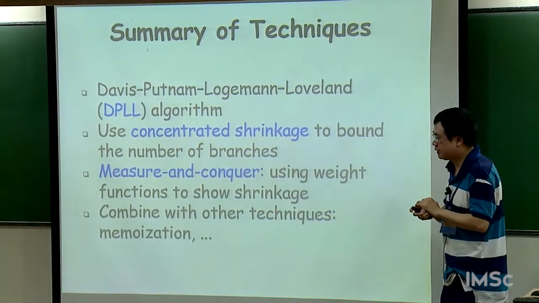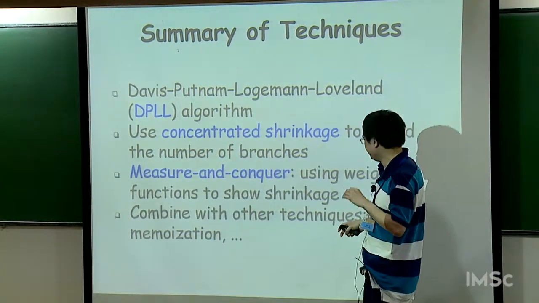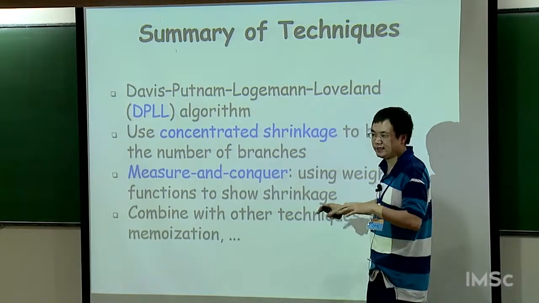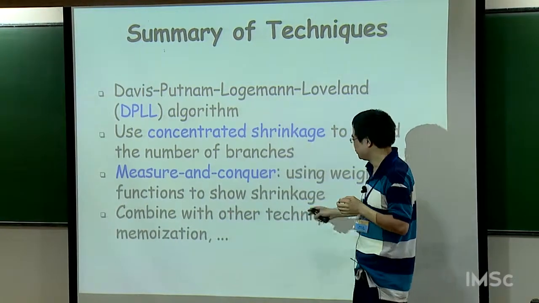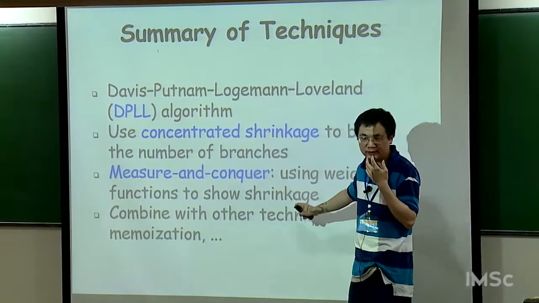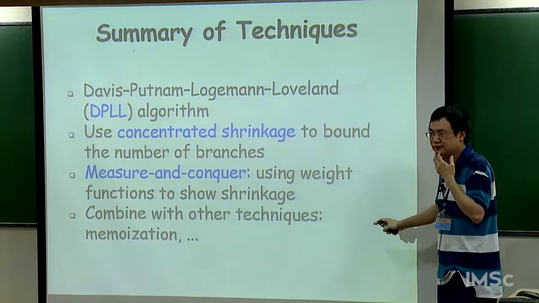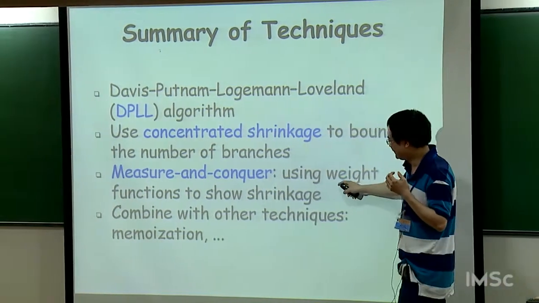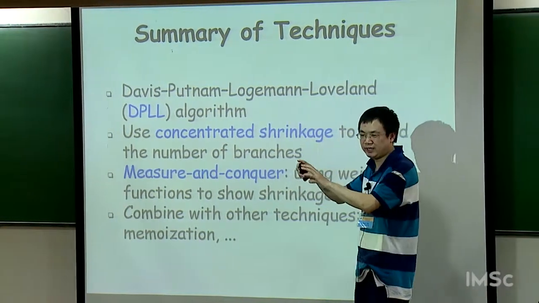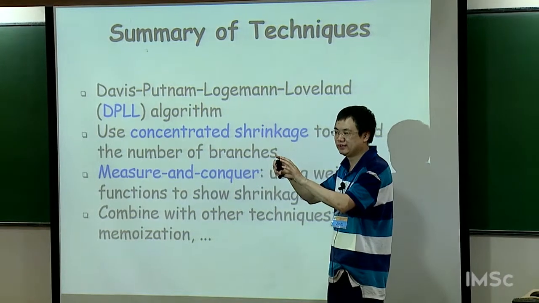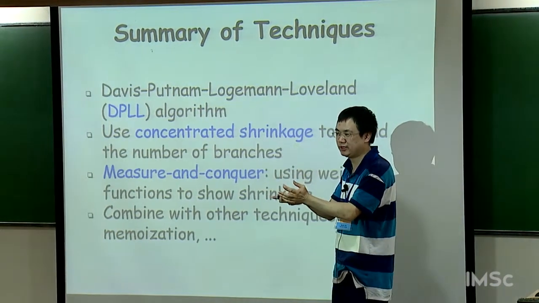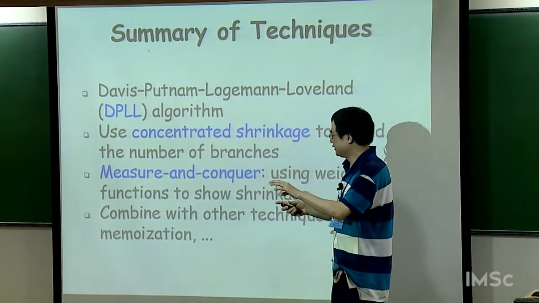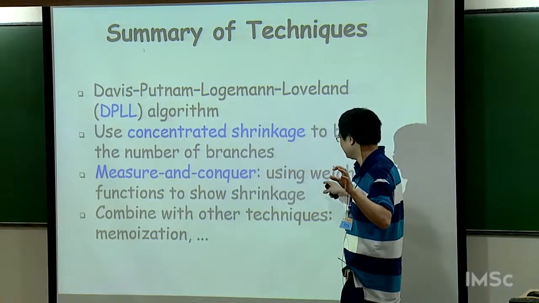So sometimes we need to use weight functions instead of the size function to show the shrinkage result. So the idea there is that sometimes it might be hard to show shrinkage for the size of the circuits or formula. But you can define a generalized weight function.